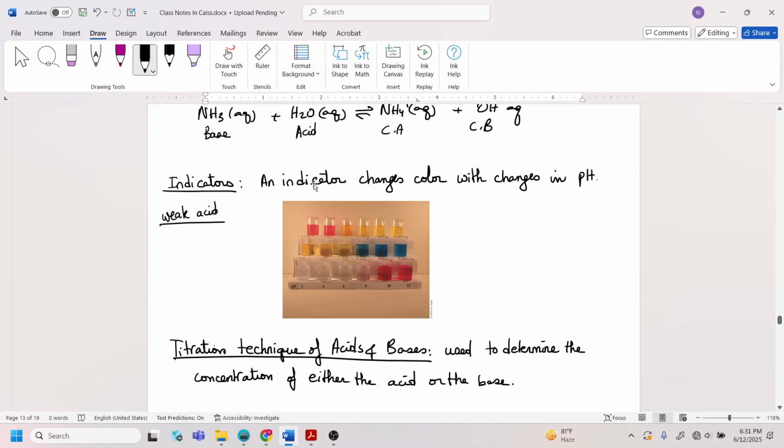So an indicator normally is added whenever you have an acid-base reaction, and that indicator tells you when the reaction between the acid and the base stops. And it does that by simply changing color based on the pH of the final solution.